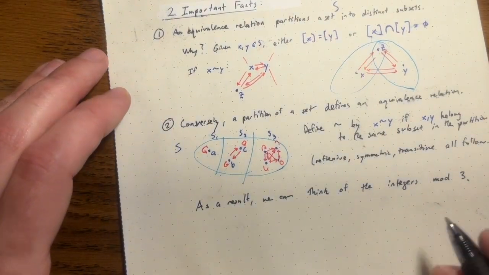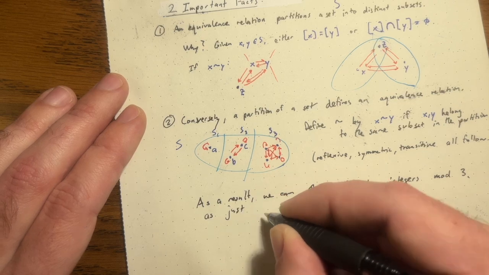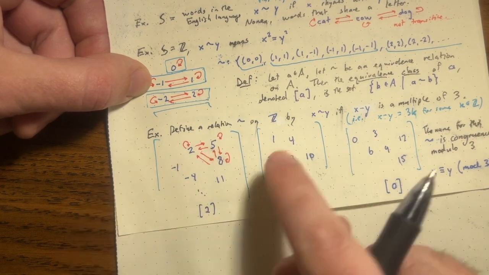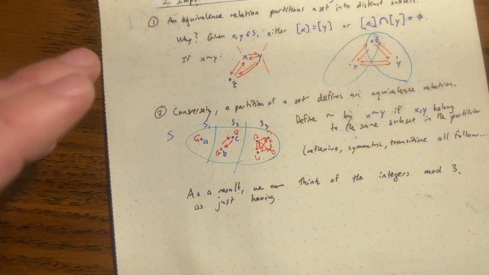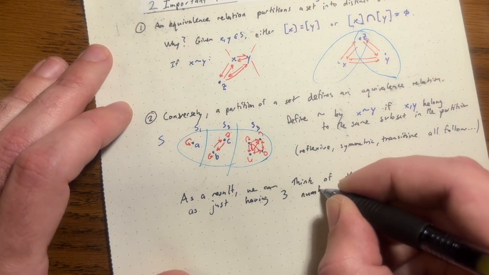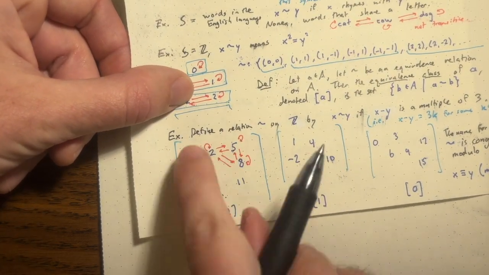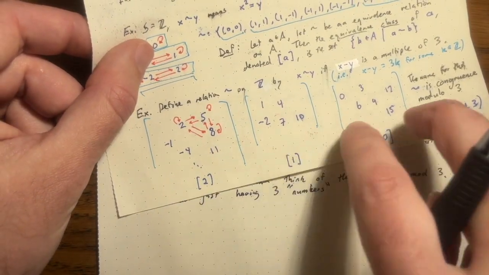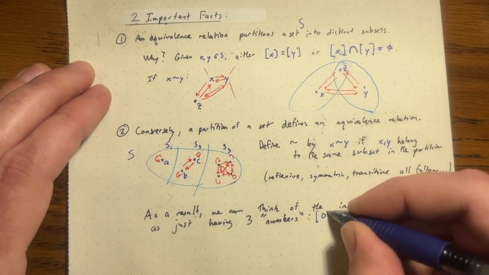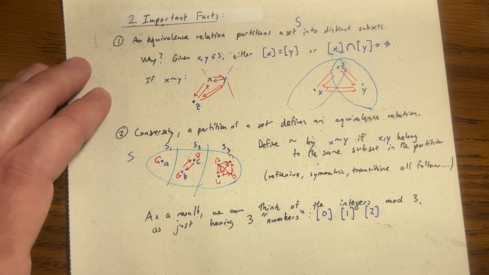So we can think of the integers mod 3 as just having, well, what happens, we get a partition into 3 subsets. It partitions the integers into 3 subsets. So the way to think about this is they're just 3 numbers, but I'll put numbers in quotes because it's kind of like one super number that includes the entire subset. But they're completely distinct and they cover everything. So my 3 numbers are the equivalence classes, also called congruence classes in this case.